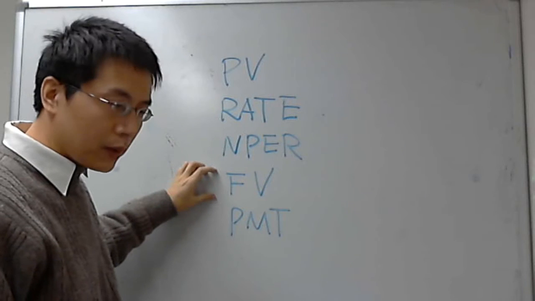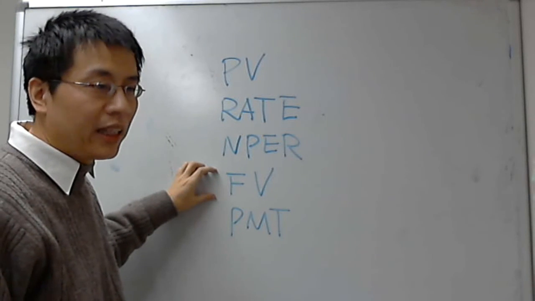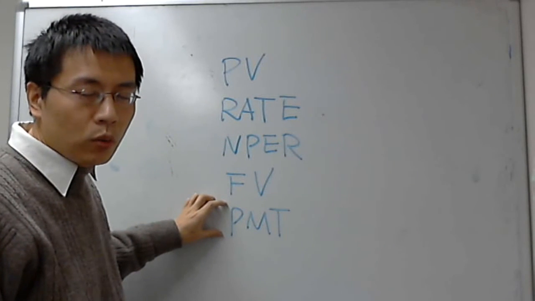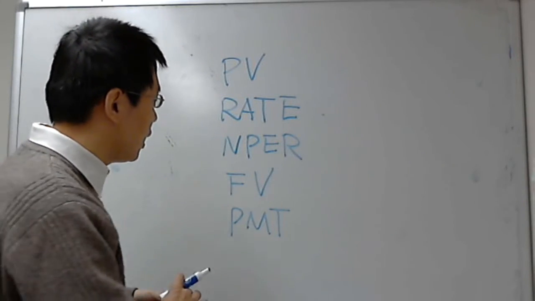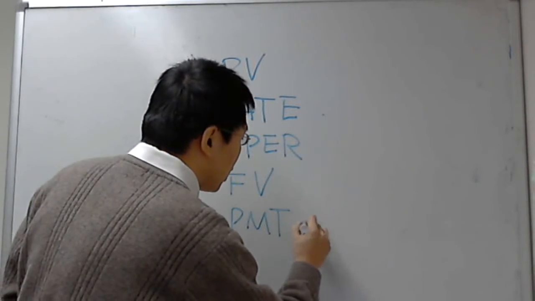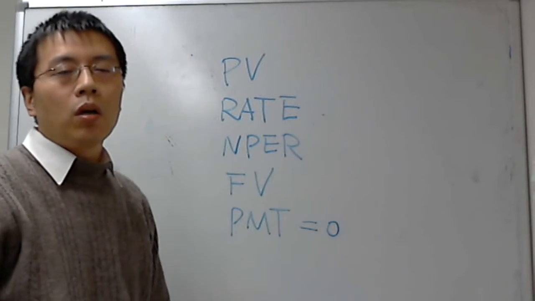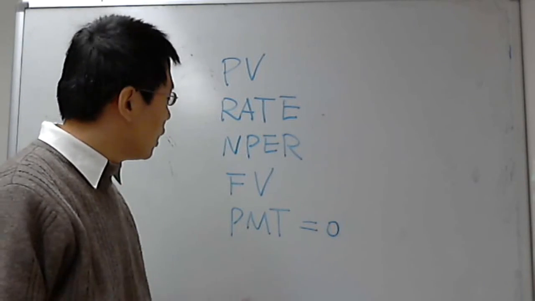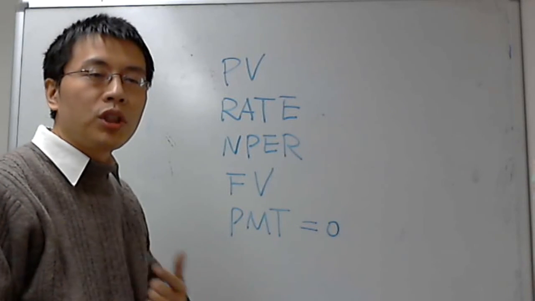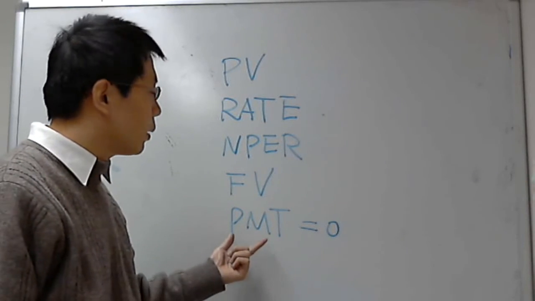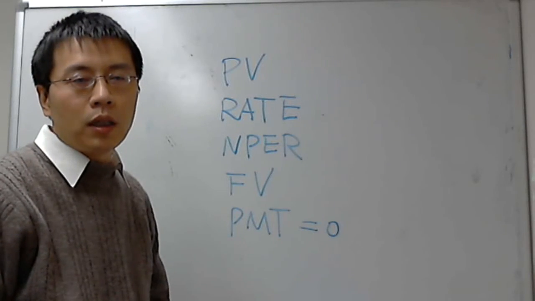We want to know the ending balance. There is no cash flow besides the beginning balance and ending balance. So up until now, in all the problems we are working on, the payment is 0. The payment is 0, but in the next lesson, the payment will be non-zero, but that is for the future.